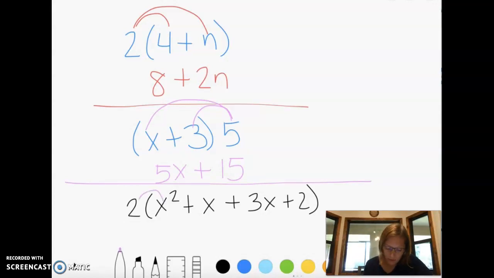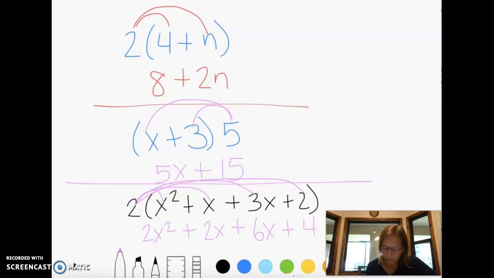So on this one, if we're going to multiply 2 times x squared, that would be 2x squared. Bring down the sign. 2 times x. Bring down the next sign. 6x. And bring down that sign, and then 2 times 2 is 4.